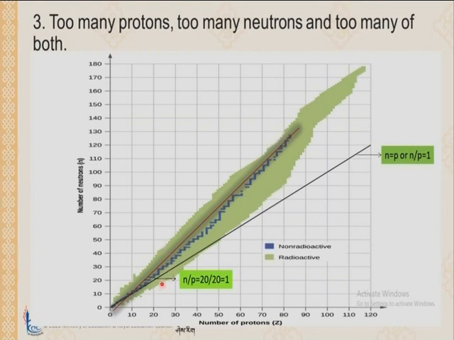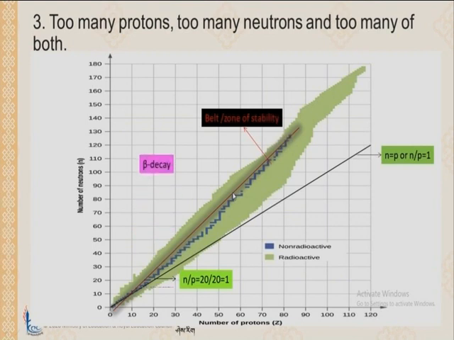Elements present below this blue strip are also said to be unstable. And the elements residing in this region are also said to be unstable. Back to this blue strip, since the stable elements reside in this region, this zone is known as the stability zone, or we can also call it the belt of stability.